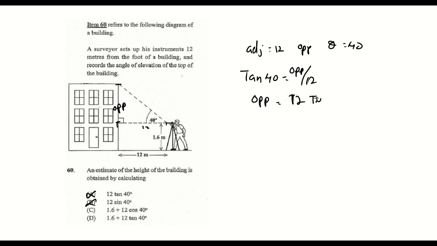So my adjacent is 12, my opposite is opposite, and theta is 40. Adjacent and opposite, we're using tan. So tan 40 equals opposite over 12. So my opposite would be 12 tan 40, right? And do I have 12 tan 40? Yes, plus 1.6, so the answer is D.